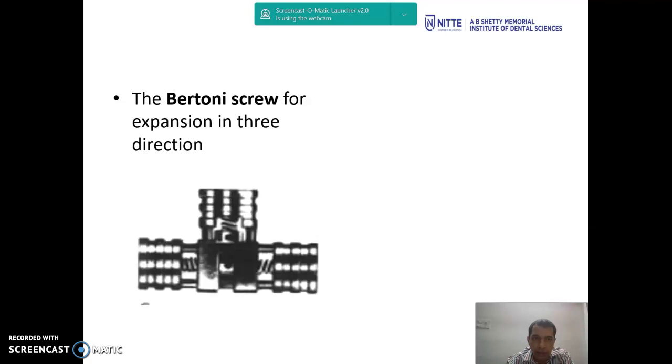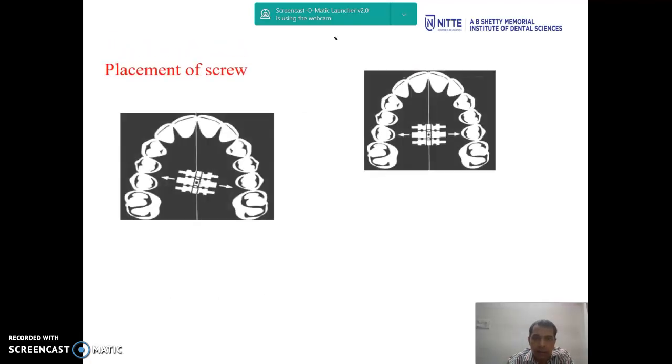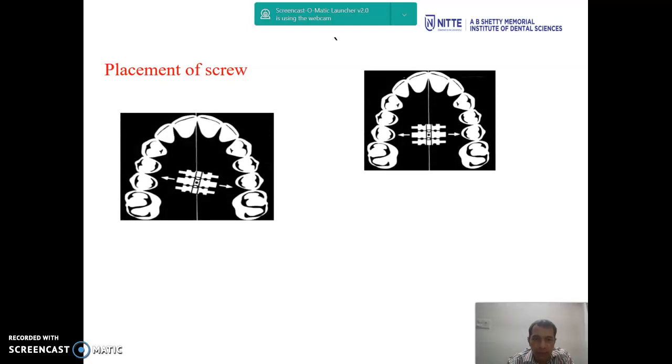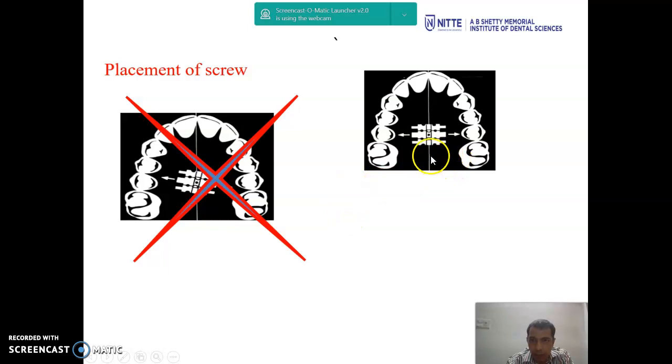This is the Bertoni screw for expansion in 3 directions. Now we see the proper placement of the screw here. The screw should not be placed as you see on the left hand side of the screen. This is the way the screw is placed properly.